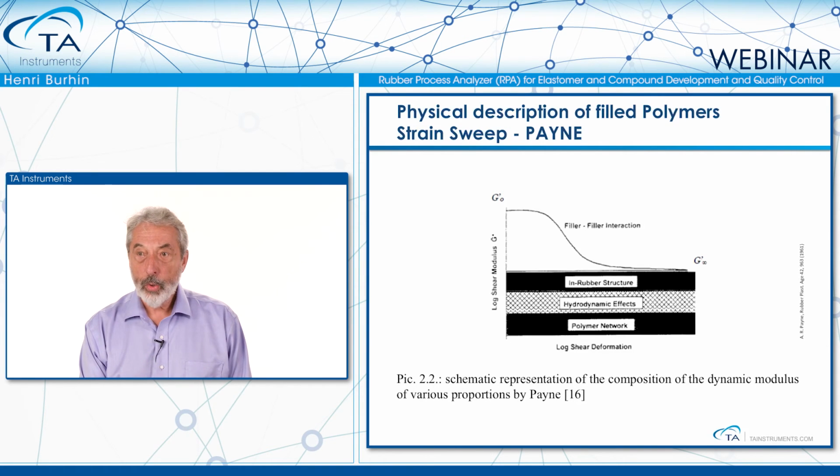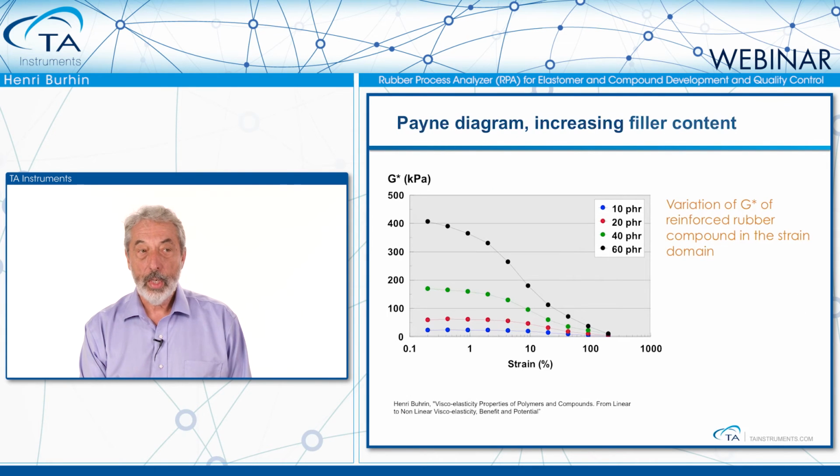Now these bonds can be broken down by strain, but because they are vicinity type bonds, they can reform on standing. So we can see that as soon as we add more quantity of carbon black, we add nonlinearity.